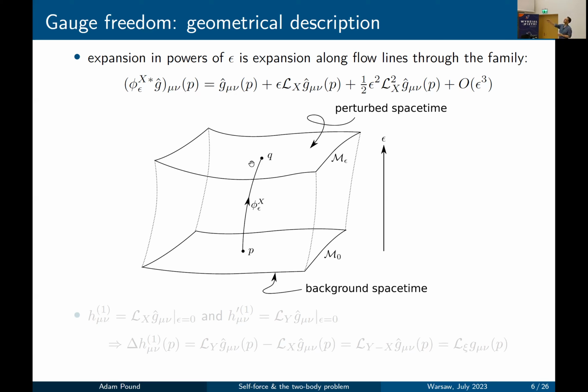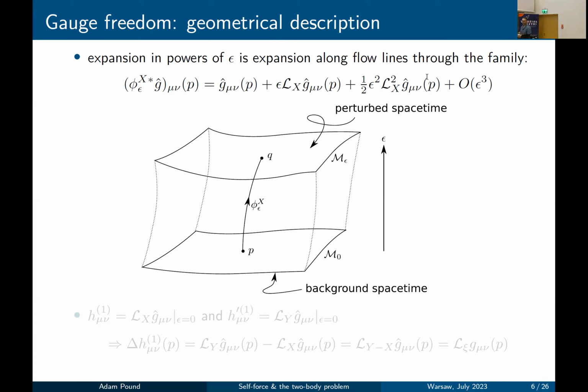So we're taking fields at Q, pulling back down to fields at P, and expanding those out in powers of small epsilon. And then you get everything in terms of Lie derivatives. So you have the metric evaluated at P, plus a Lie derivative along this curve going up, just like an ordinary Taylor series along a curve in 2 or more dimensions. Then the higher order terms are epsilon squared times a half the second derivative. And it's just an ordinary Taylor series, but now in terms of Lie derivatives.